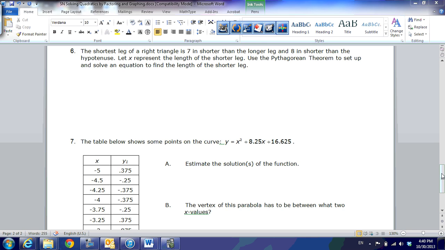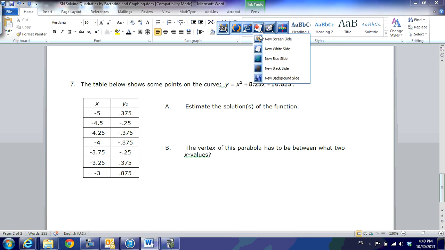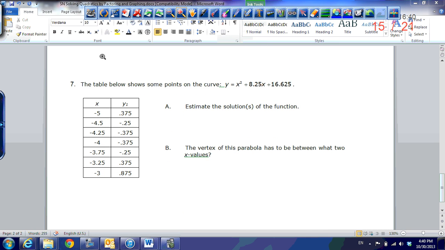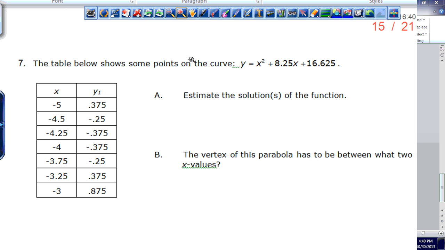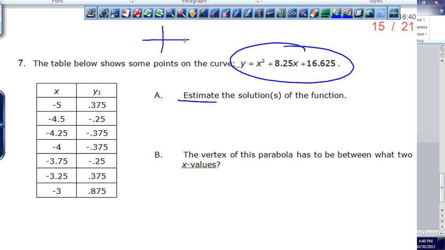The last problem is something that we kind of got to use our brains a little bit on in looking at our table here. We don't want to graph this in the calculator. We're estimating. So I want to know the solutions. Well, if you think about solutions, the y value is positive and then it gets negative. And then it's negative and then it gets positive. So I want to look at our y values and see when it went from positive to negative.